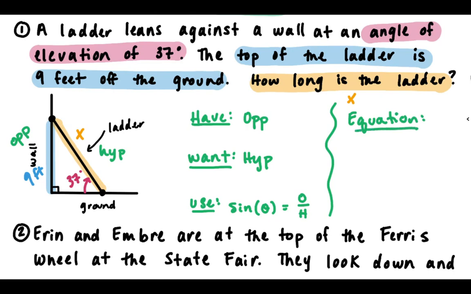Well, we know we're using sine, and I'm going to have you fill in the rest of this equation. So you decide what numbers go where, and then you're going to solve that equation for x. If you need a refresher on solving, you can check out lesson 6.2. That's where we practice solving for missing sides. Okay, so that's number one.